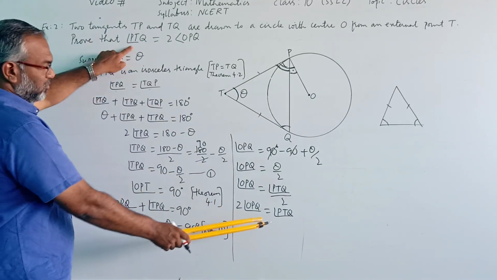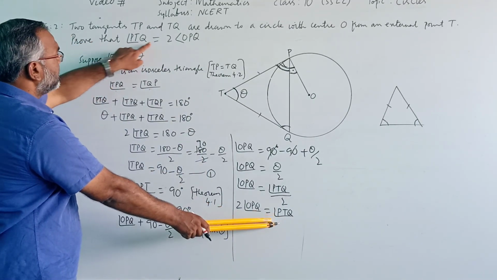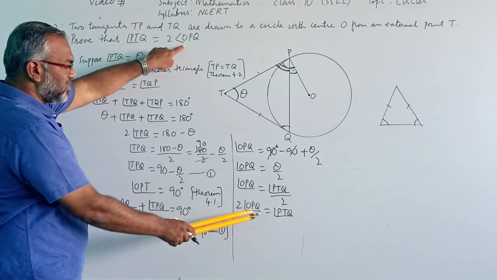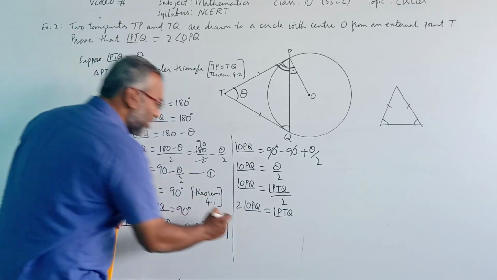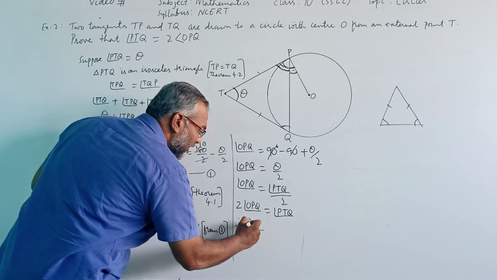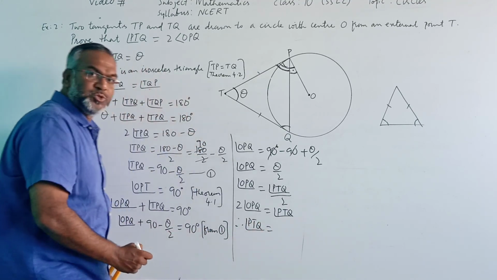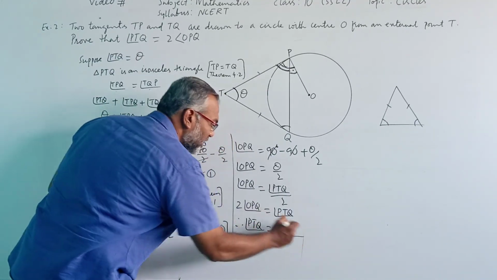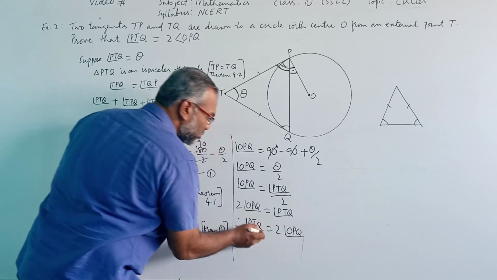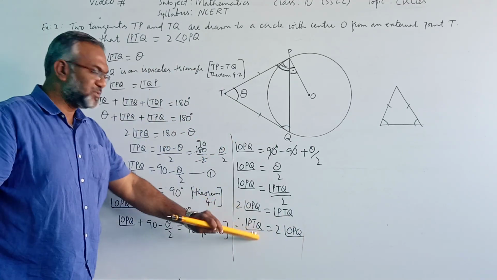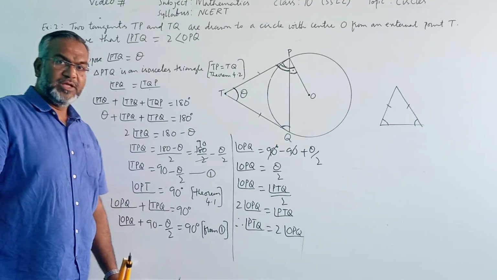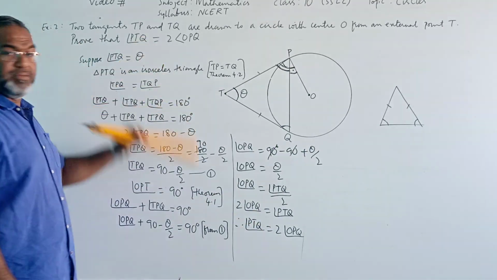We have to prove angle PTQ is equal to 2 times angle OPQ. Therefore, I can write it like this: angle PTQ is equal to 2 times angle OPQ. These two steps are the same, I'm just writing it the other way. So we got the same.